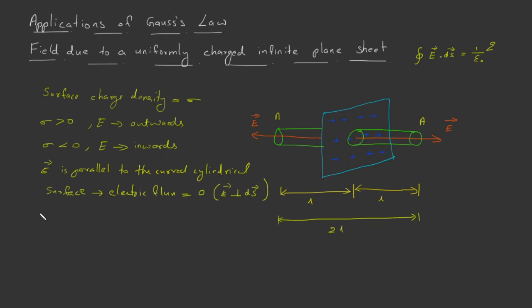Now we can see the direction of electric field is parallel to the normal of the small element at a cross-sectional area.